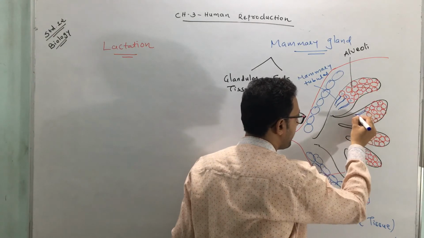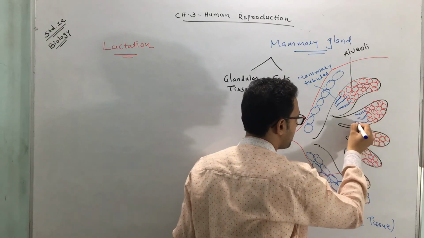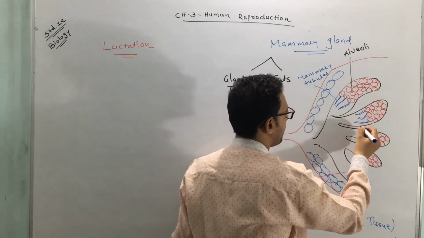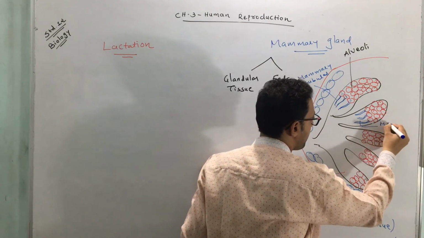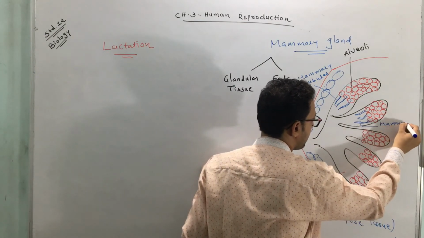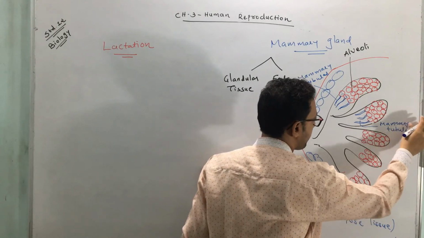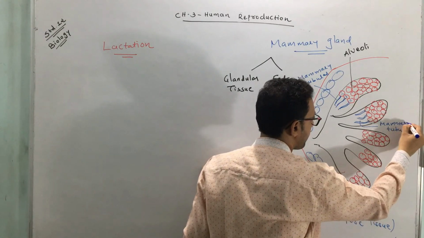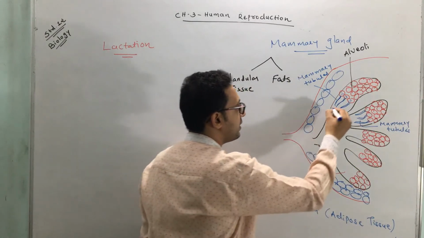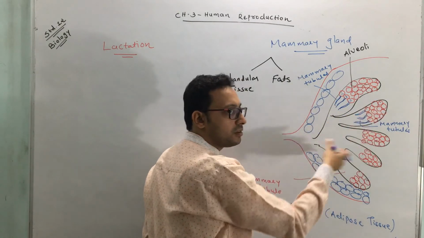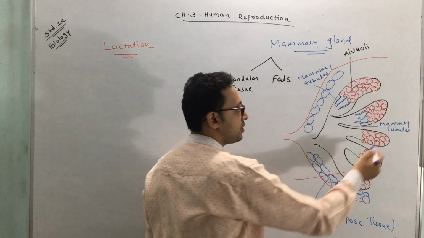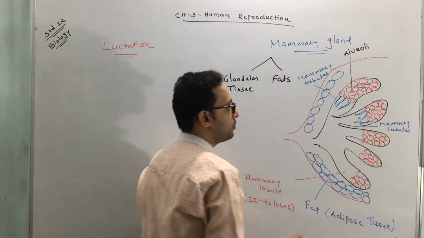Similarly, here also a tube-like structure is developed. They are called mammary tubules. From all the alveoli, there is a tube-like structure which develops. This is called mammary tubules.